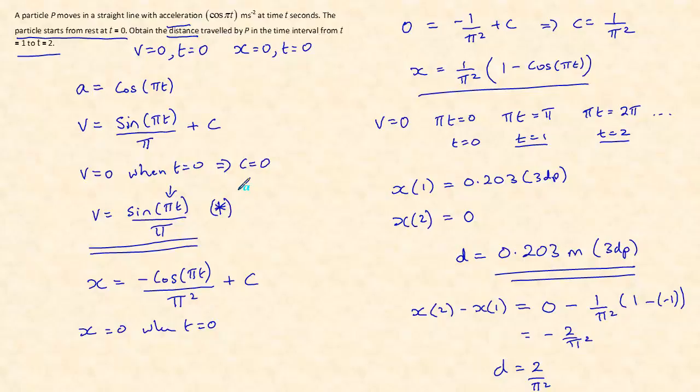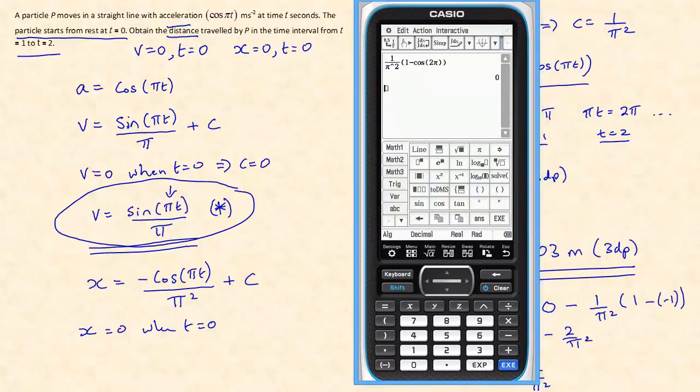Now if we come back to here, could we have done this with an integral on the calculator? Well, let's go to standard and let's just try it out. So we're going to go from t is 1 to t is 2. I'm going to use x instead of t in the integral. So what have we got?